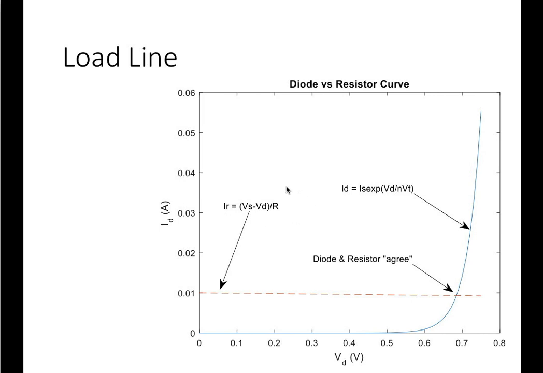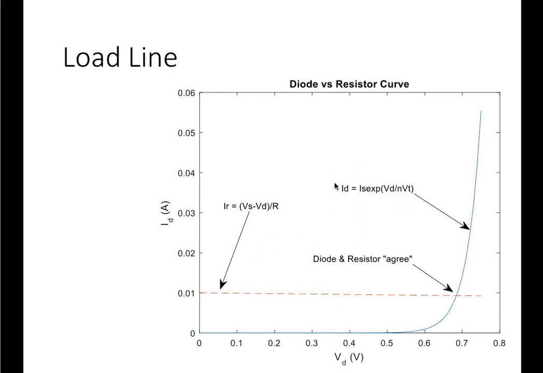So if I plot the load line, which is IR versus VD for a given VS, that gives me a nice line. For 0 diode volts, the entire VS is across the resistor, and it's a straight line all the way down to where the diode voltage is equal to Vs, and that intercepts at 0 current.